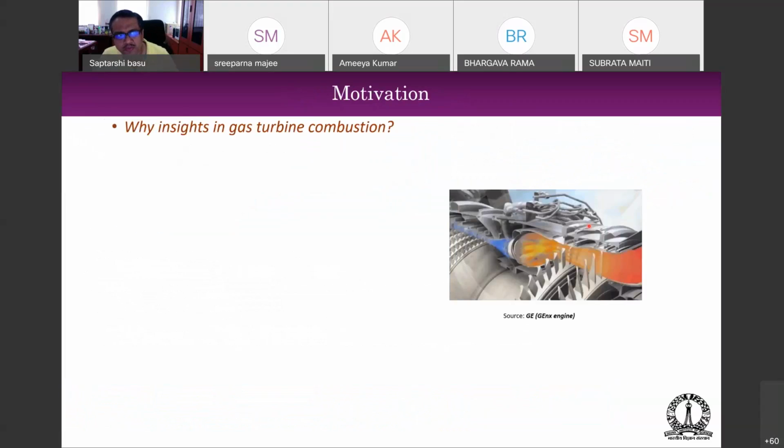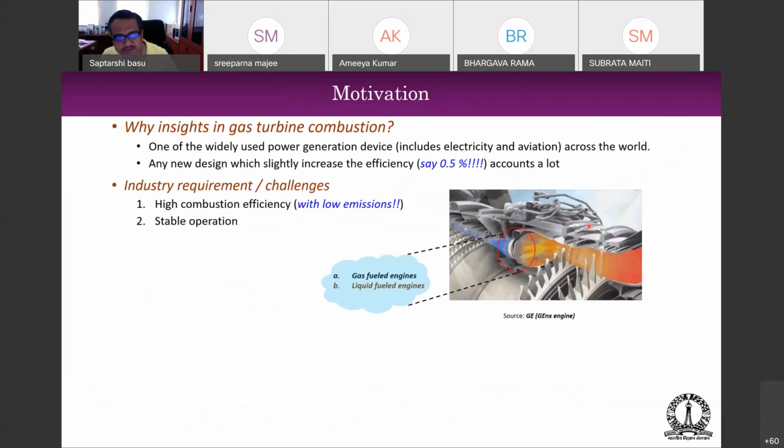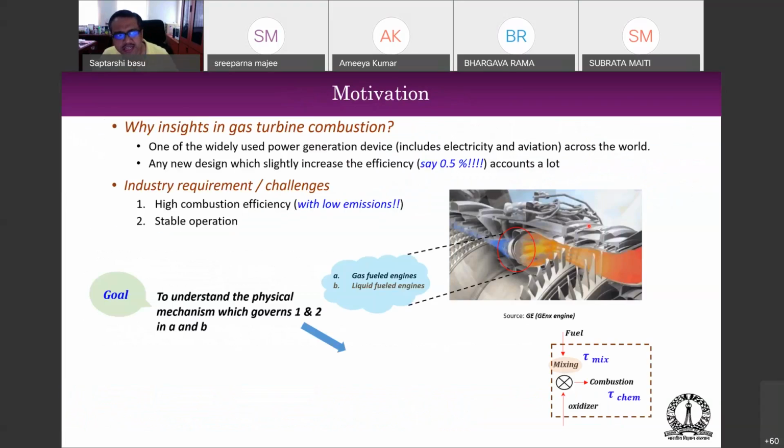So why are insights into the gas turbine combustor required? This is for a general audience: you know that it is one of the major power producers in the world, and as well as used for aviation purposes, you want low emissions and stable operation, as we said, and it can be gas fueled or liquid fueled depending on what kind of a combustor or gas turbine you are running.